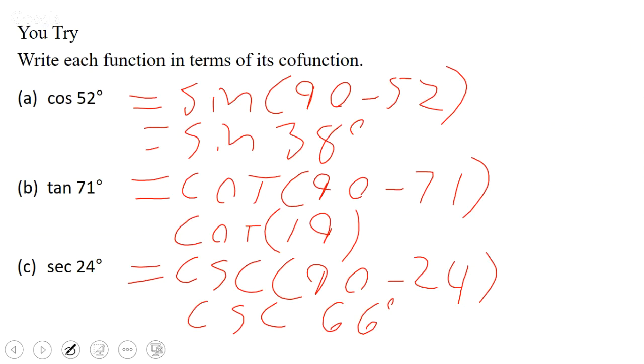Where a lot of people get confused about cofunctions is that they get the reciprocal identities and the cofunction identities mixed up. Reciprocals: cosine and secant are reciprocals. For cofunctions, cosine and sine are cofunctions of each other. So there's a difference between reciprocal and cofunction.